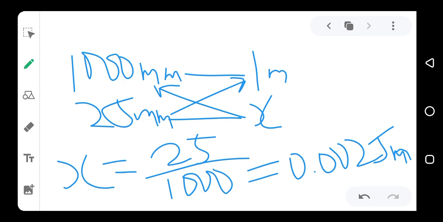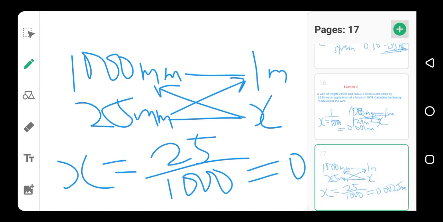We now start solving. We have to get the area because we know that the cross-sectional area of a wire is equal to pi r squared.